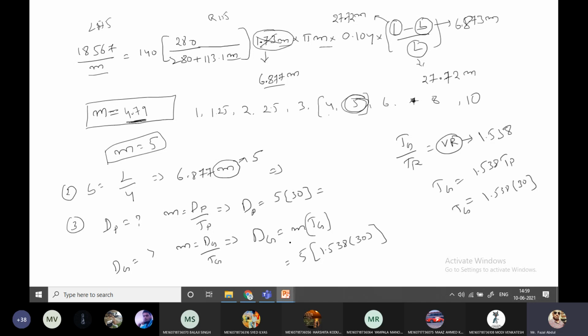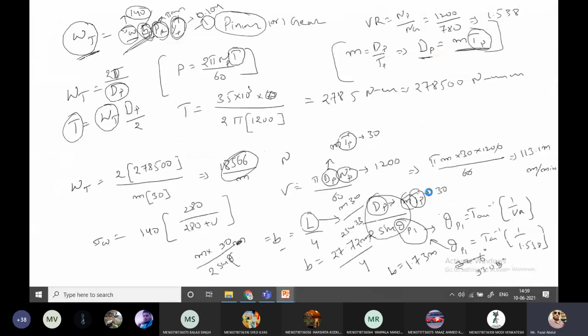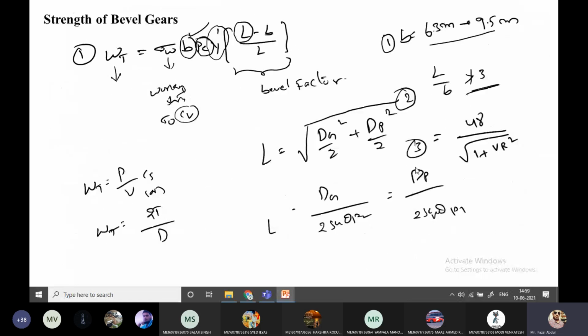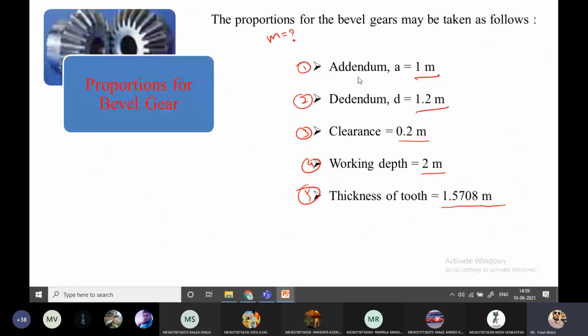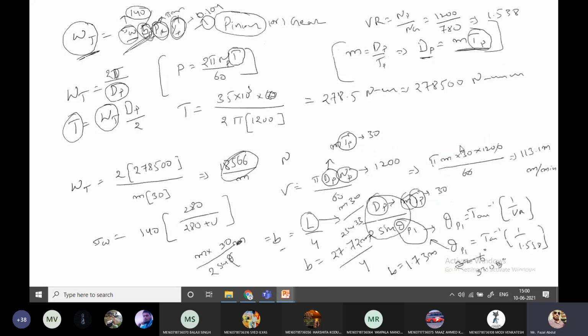Now, what is the next question again? Addendum, dedendum. See here, for the addendum and dedendum, proportions are given. Addendum value 1 module, dedendum value 1.2 module. So I am taking these relations to calculate the addendum and dedendum.